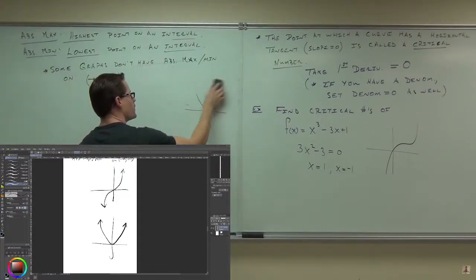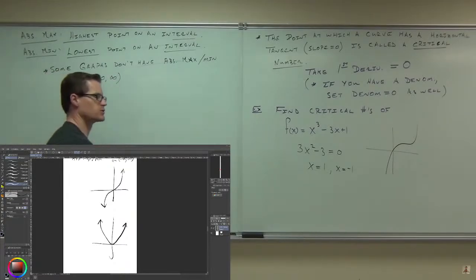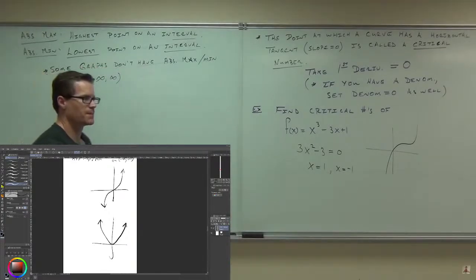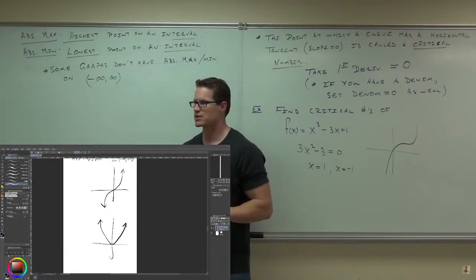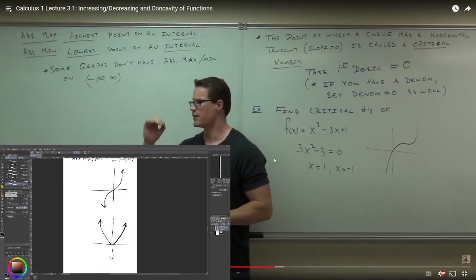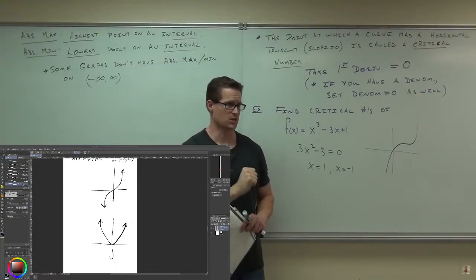Okay, so even though some graphs don't have an absolute max or absolute min, let me make a little suggestion to you. I'm going to suggest that every curve in the world has an absolute max and an absolute min on a closed interval. Would you agree with that? On a closed interval, so if I say from 3 to 2, there's going to be a highest point, there's going to be a lowest point, as long as the function is continuous.